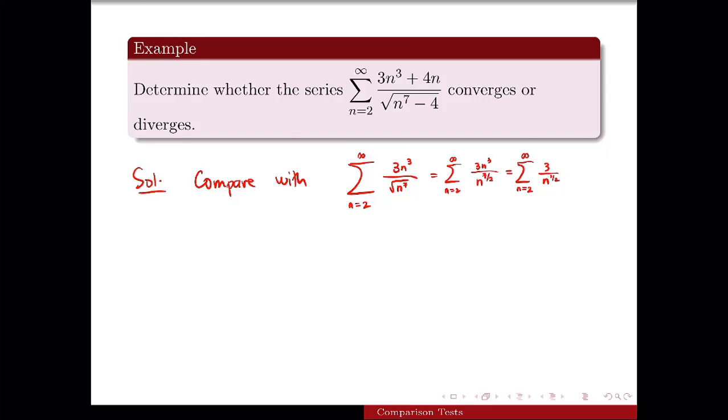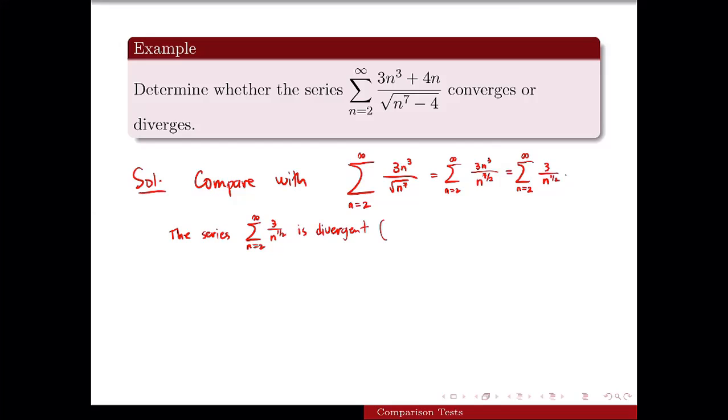So 7 over 2 minus 6 over 2, that's 1 over 2. Now, this series, 3 over n raised to 1 half, from 2 to plus infinity, is divergent.